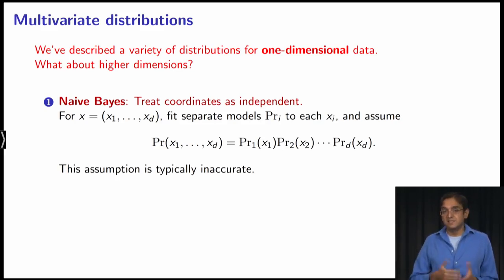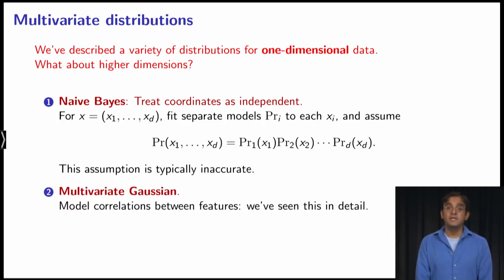Now what this is assuming is that these coordinates x1 through xd are all independent of each other, and that is something that is rarely true. However, despite this false assumption, this particular methodology turns out to often be quite effective in practice. So that's naive Bayes.